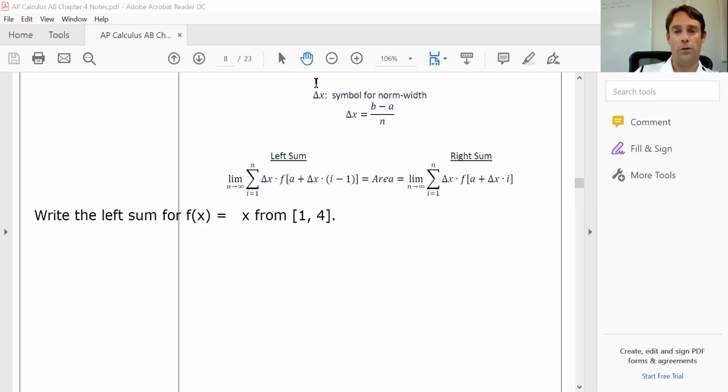So how's this going to work? Let's not use left. Let's use right, actually.